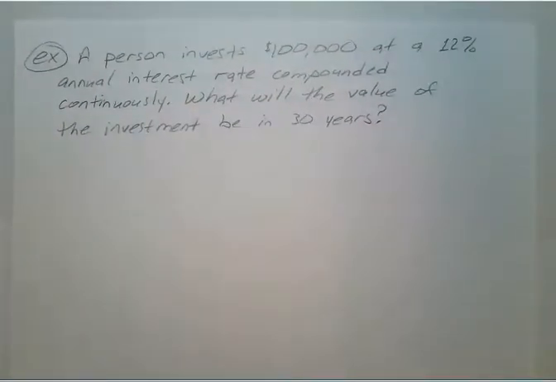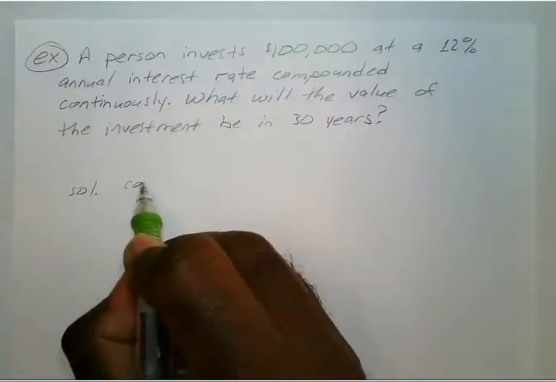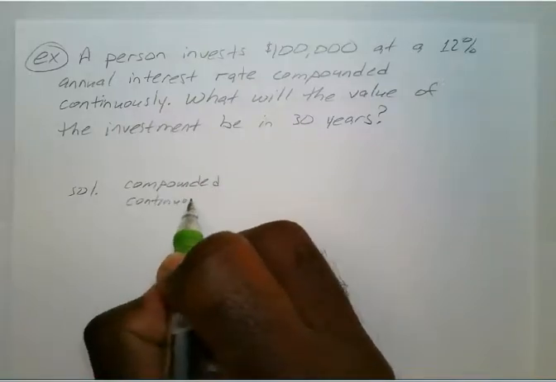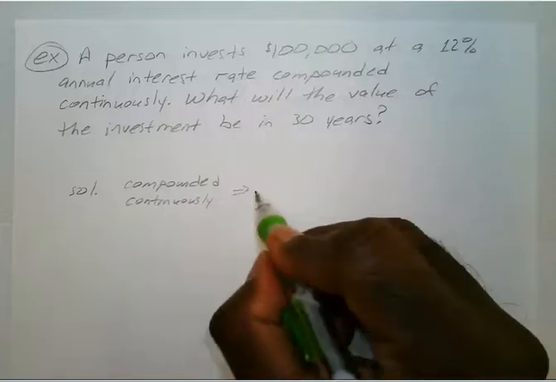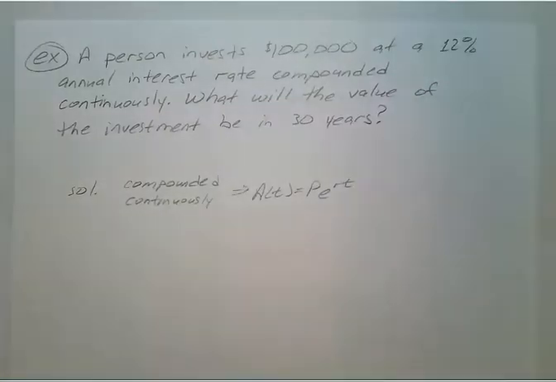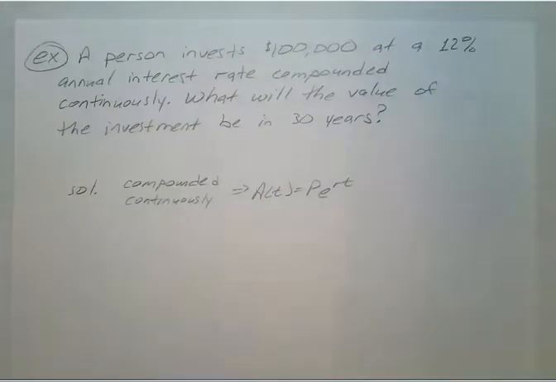Okay, so let's say a person wants to invest $100,000 at 12% annual interest rate, compounded continuously. What will the value of the investment be in 30 years? Okay, so we see here, just because it says compounded continuously, we're going to use A of T is equal to our principal times E to the power of RT. We can see here that it's growing at a 12% rate.